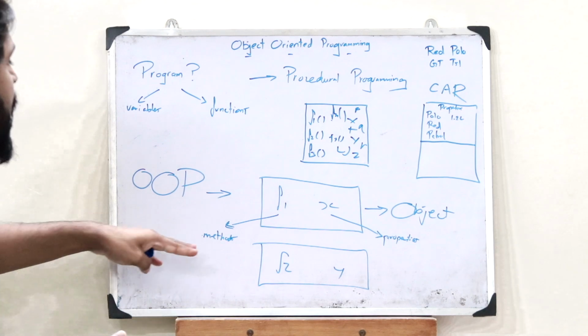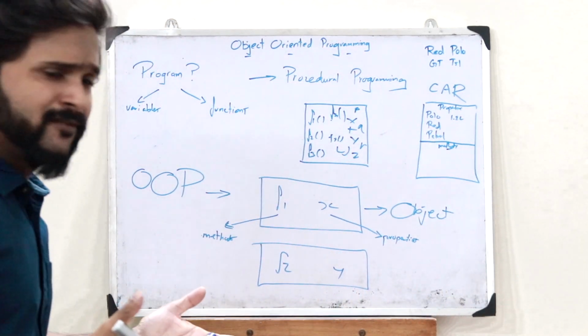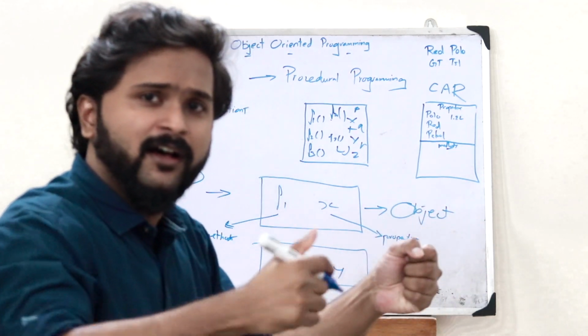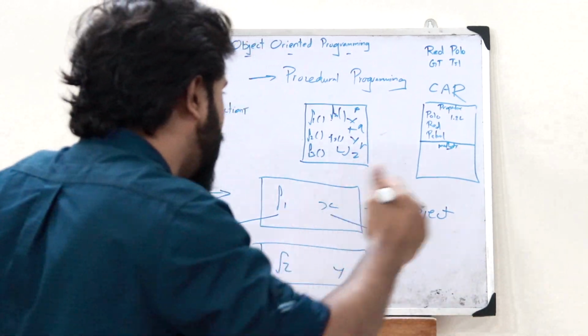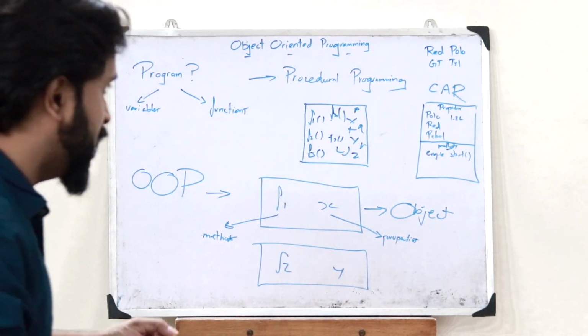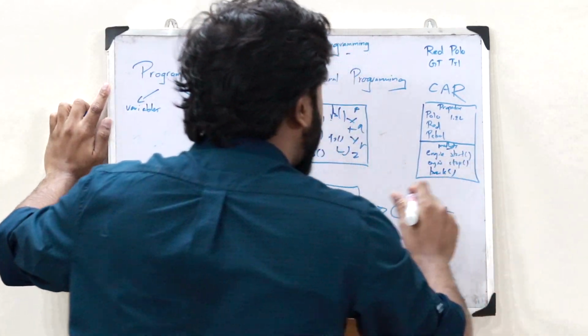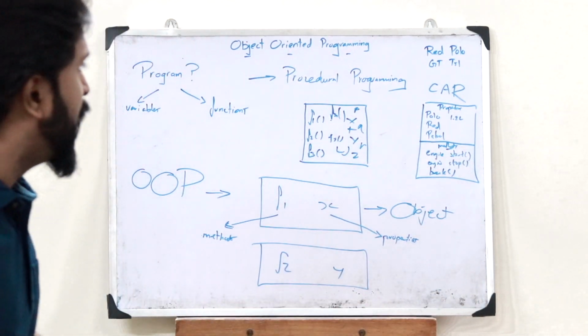Next, we have the methods or the functions that that car performs. So the simple basic function of a car is that we have to sit in the car and we have to be able to start the engine. So starting the engine. If we are starting an engine, we should also be able to stop the engine. So engine stop. Then we should be able to brake the car. So these are the various methods of a particular car.